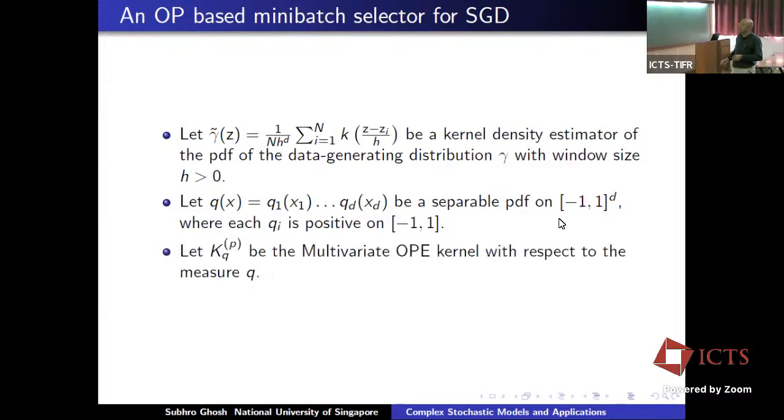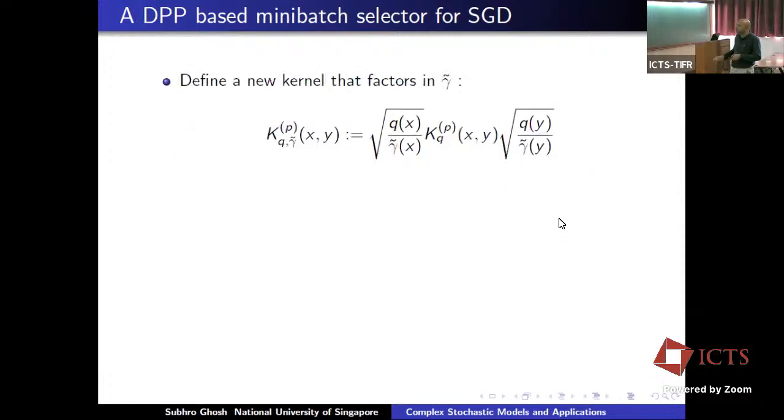Then we do the multivariate orthogonal polynomials, and we can get points, but they are in general not going to be related to the data set in any way. So we take this original multivariate orthogonal polynomial kernel of rank P, and we conjugate it by this factor. Here our approximation to the data distribution, gamma tilde, enters. So this now factors in the data.